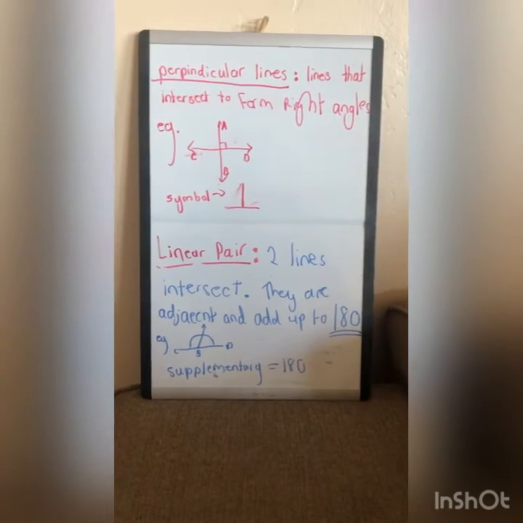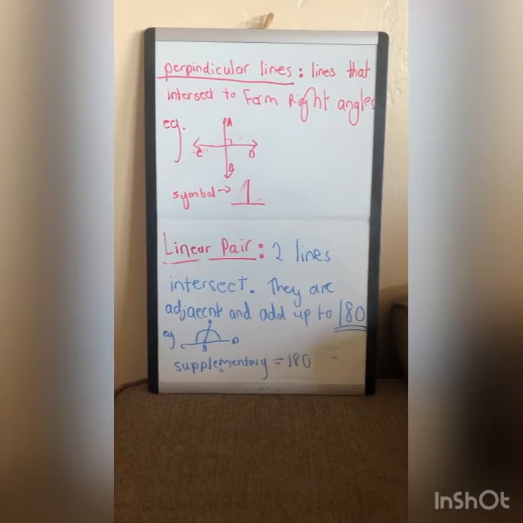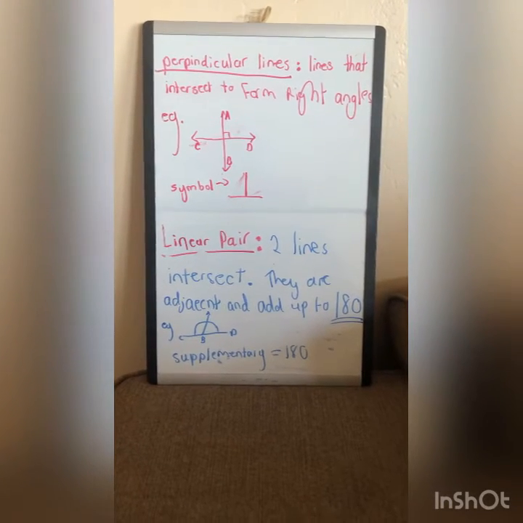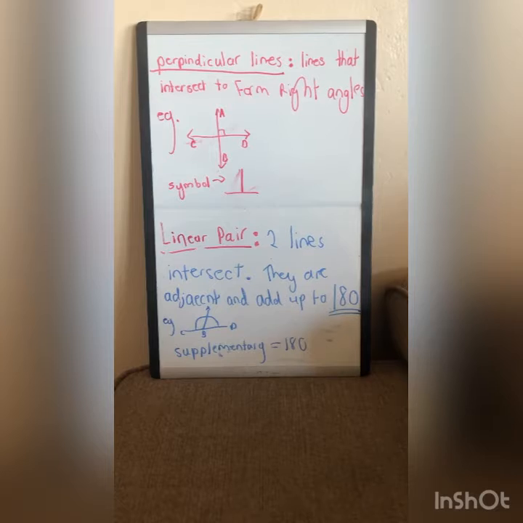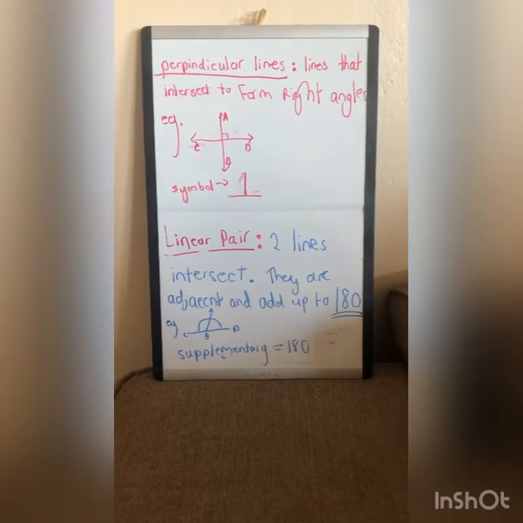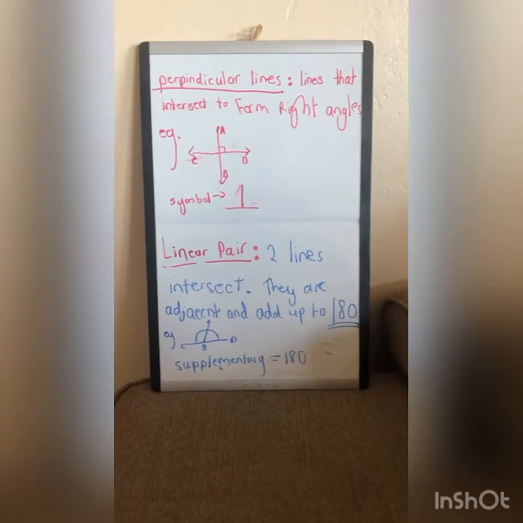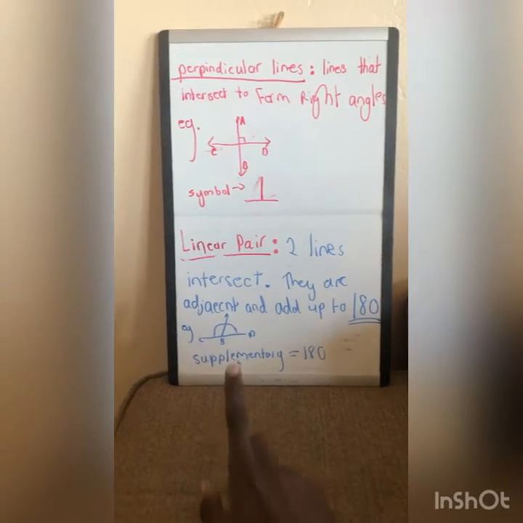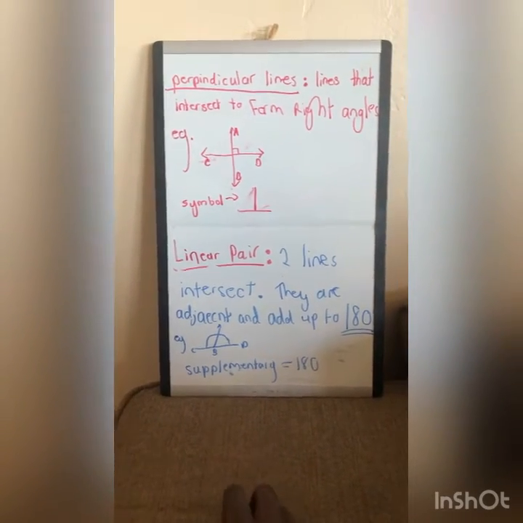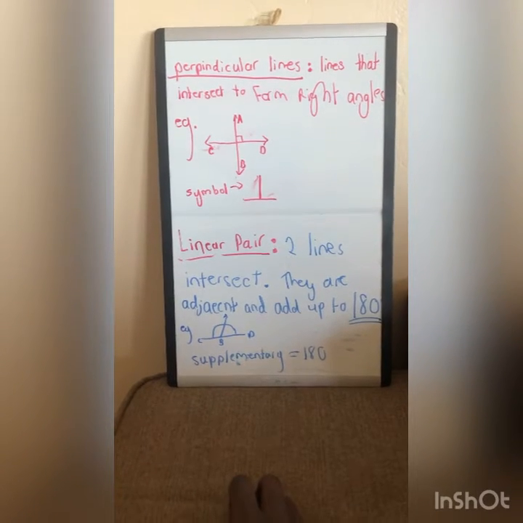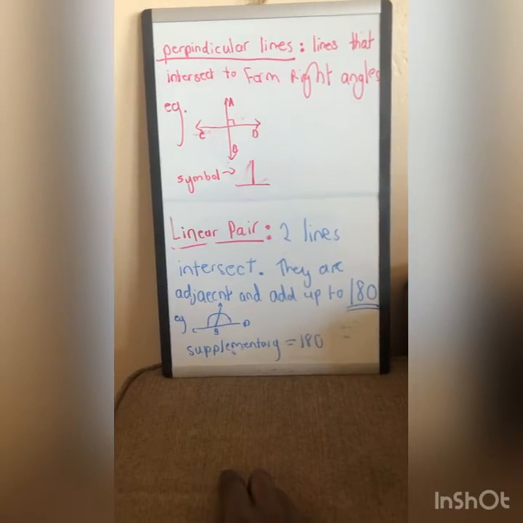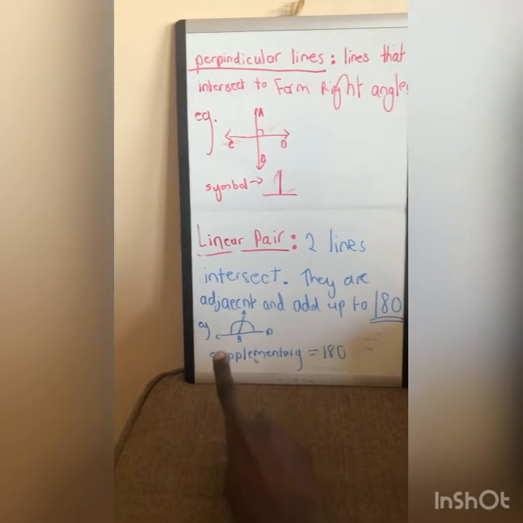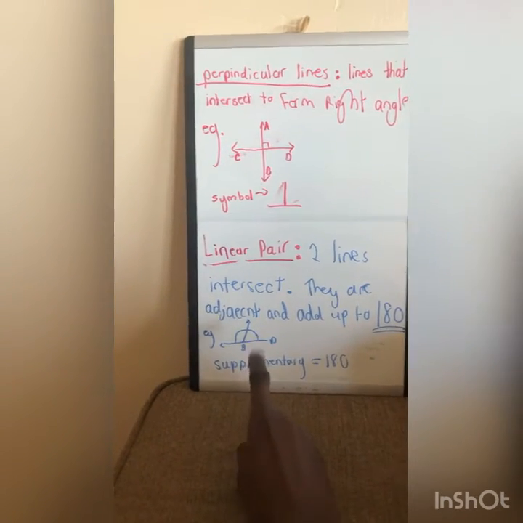Let's now talk about a linear pair. A linear pair is basically two lines that intersect. They are adjacent to each other and they add up to 180. So let's look at the example over here. We have two lines, which is AB and CD. They intersect with each other and they form two adjacent angles, as you can see here and here.